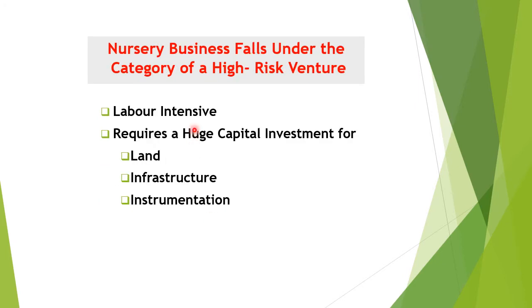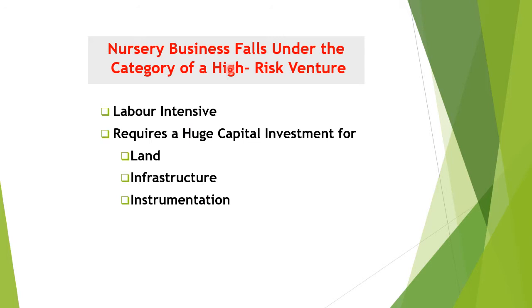Let us first try to understand nursery business falls under the category of a high risk venture. Why does it fall under a high risk venture? Because it is labor intensive. It requires a huge capital investment for land, infrastructure, and instrumentation.